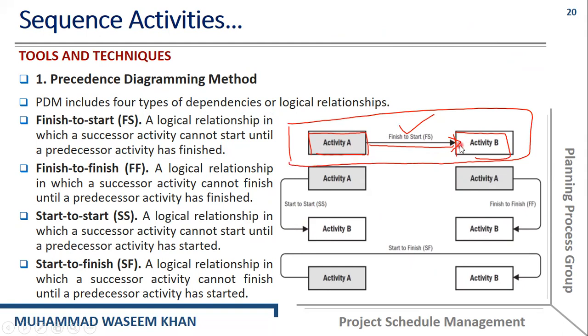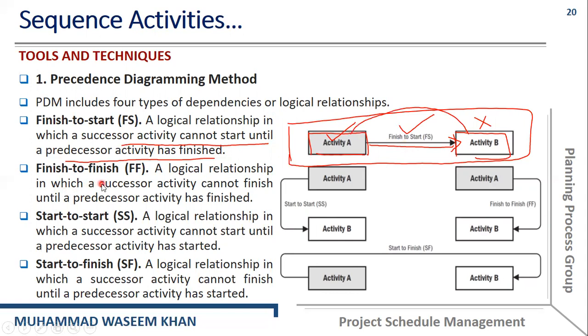So activity B cannot start until activity A is finished. Or we can say, in other words, that a successor activity, which is activity B, cannot start until a predecessor activity, which is activity A, has finished. So this is called the finish to start relationship.